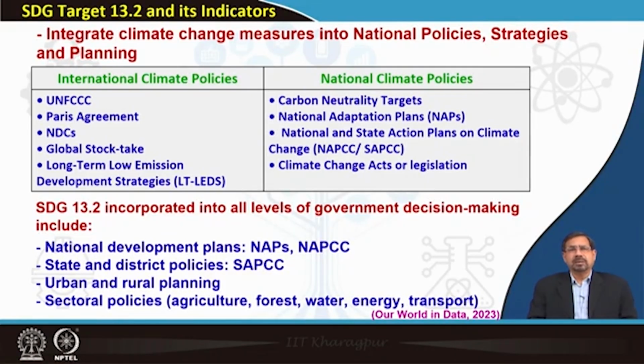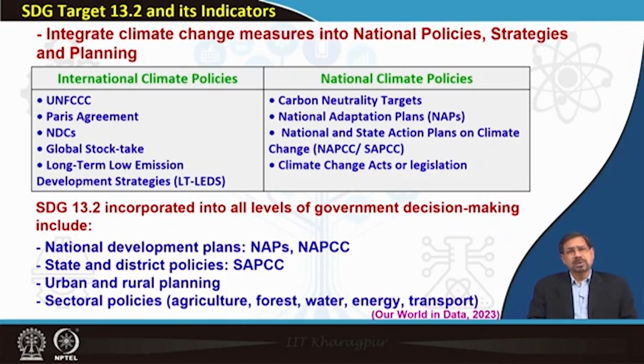SDG 13.2 is incorporated into all levels of government decision making, including national development plans such as national action plans, or the national action plan on climate change. We will discuss these with different examples.